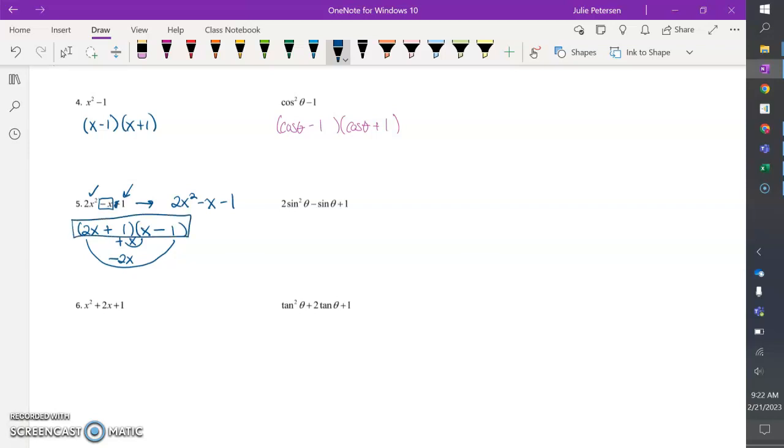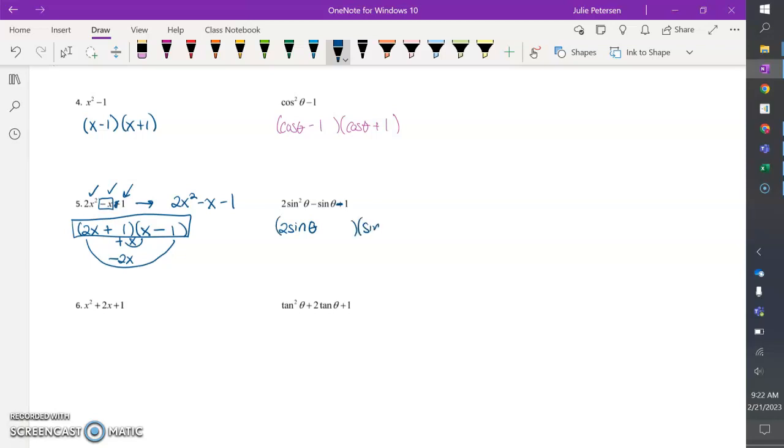The work below is just confirming that we actually add up to that middle term. When you look at number 5, let's go ahead and fix that. This should also be a minus sign and not a plus sign. Now, if you notice, the sine theta just really replaces the x squared. So we're going to have the same setup, and we're going to say 2 sine theta. That's kind of like 2x in the last problem.